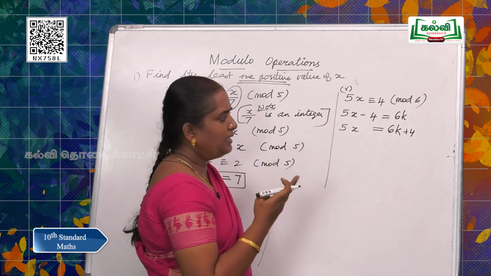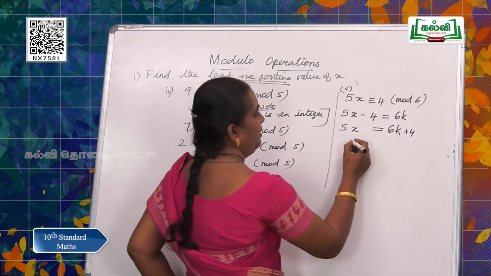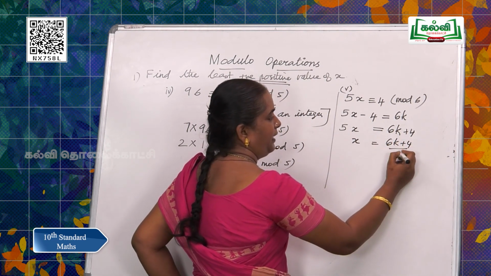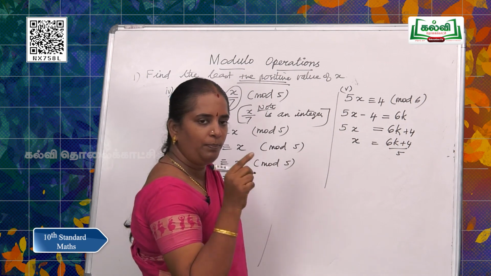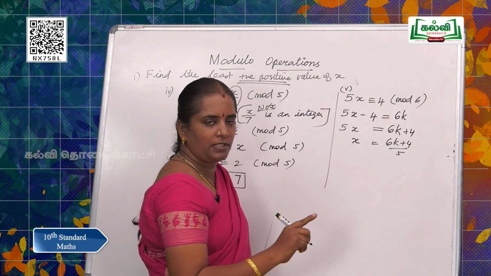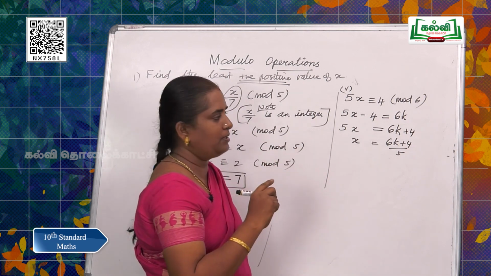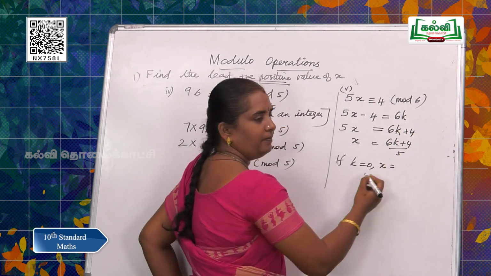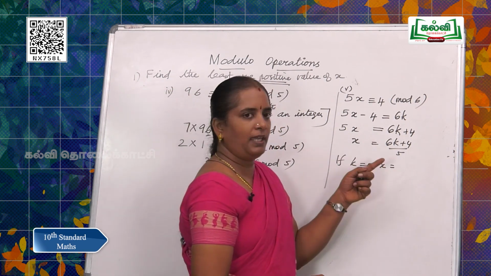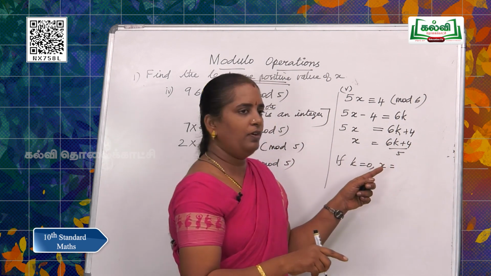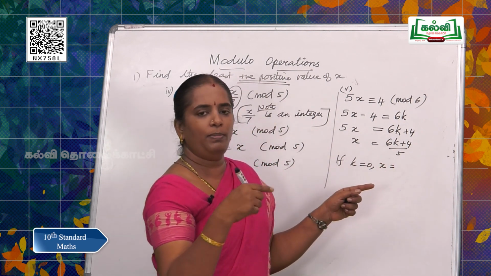This is simply a linear equation, or x is equal to (6k plus 4) by 5. Now you are going to put values of k. So k should start with 0. If k is 0, what happens to x? Yes, substitute k as 0, 6 into 0 plus 4 by 5, 4 by 5.